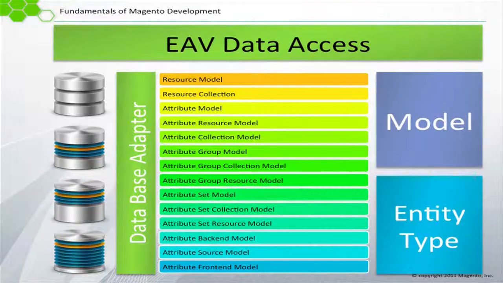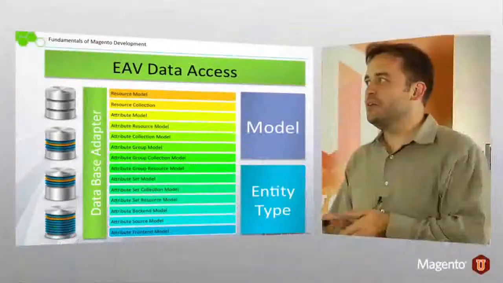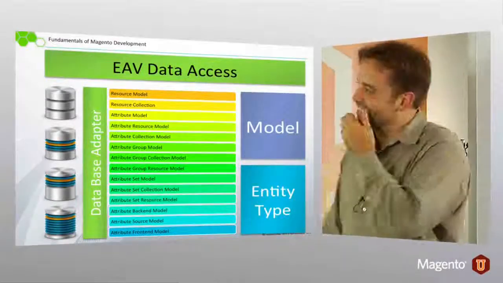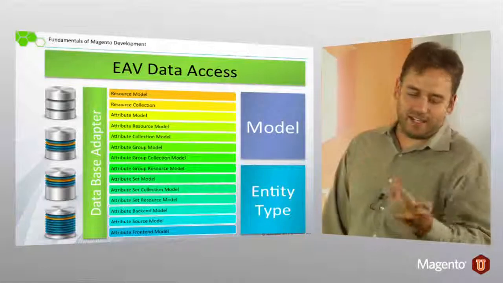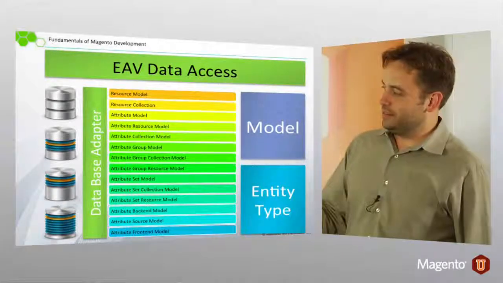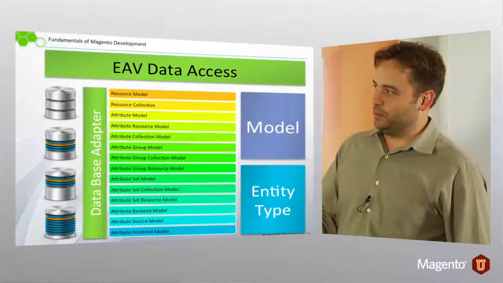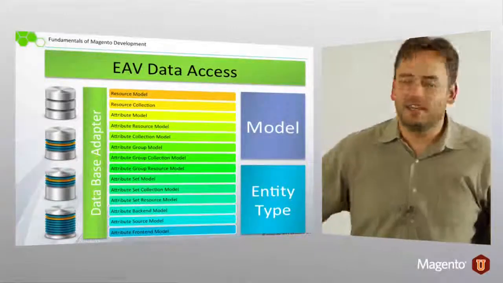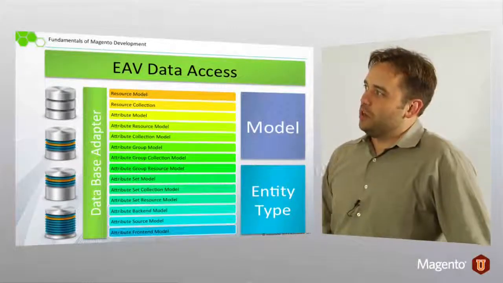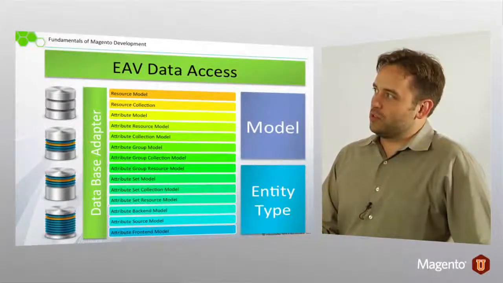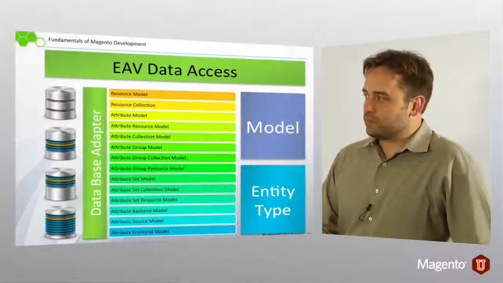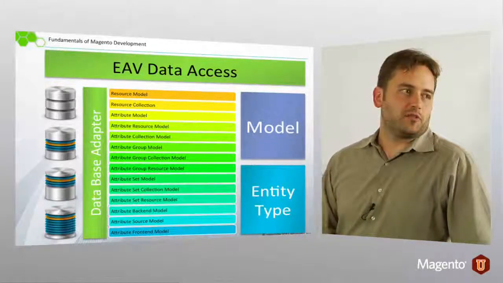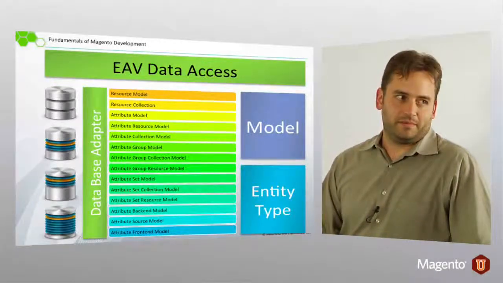So it's pretty colorful in here, isn't it? The nice thing is that we don't really have to do much with this. Pretty much we deal with resource models and collections, and we deal with the back-end, source, and front-end models, the attributes.